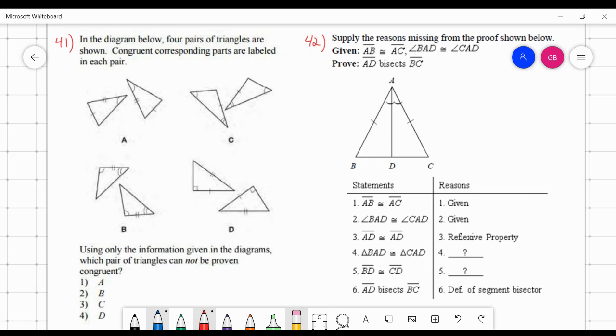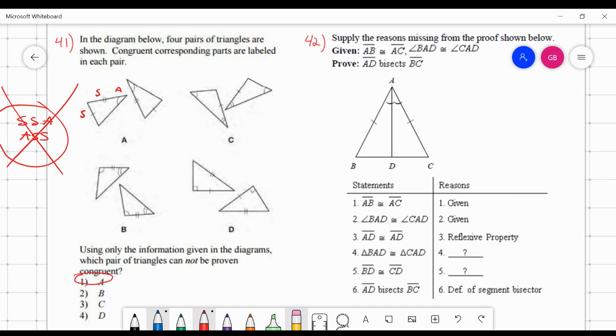Option A gives us side, side, angle. But remember that side, side, angle or angle, side, side does not prove congruence. So it's most likely going to be A.